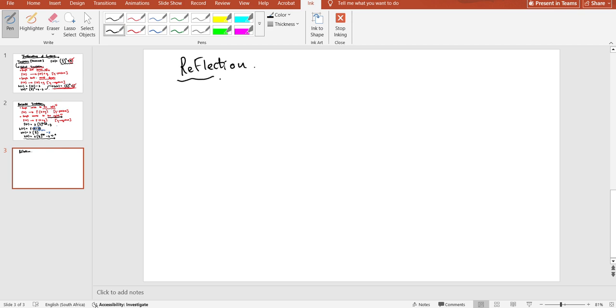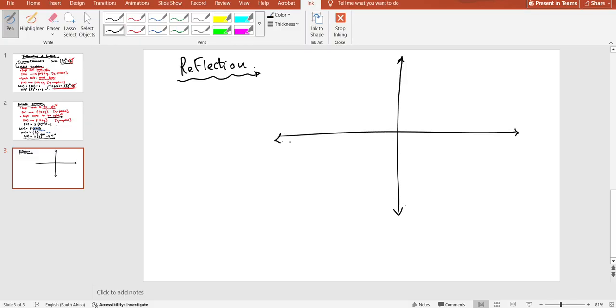So before I start with reflection, what I really want everyone to understand is this idea, and it doesn't really take a lot to understand. This is my y-axis, and this is my x-axis, right?